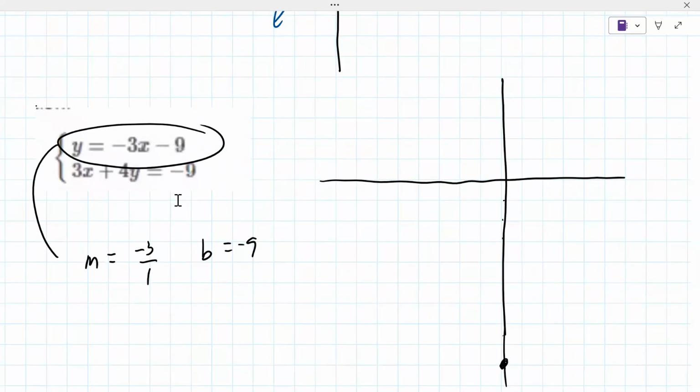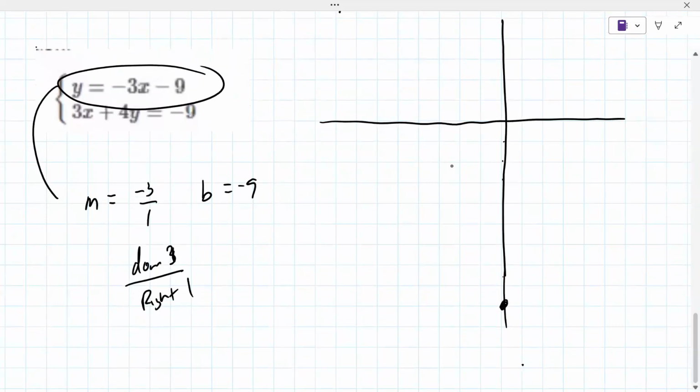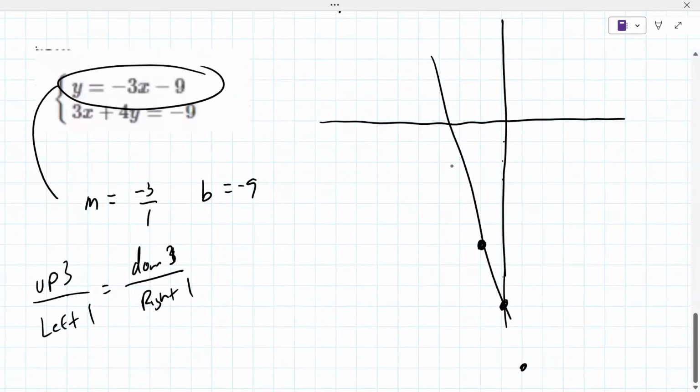Yeah, I can. Okay. Now the issue here is that the slope means you're going to go down 3 and then right 1, which is really hard to do. Like we can at mine because I can just scroll down, but you can also go back the other direction. So you can sort of undo this, which I don't really like doing, but you can go left 1, up 3. So you're going to want to graph these 2 points there. And you're just counting, and you don't count the first one.